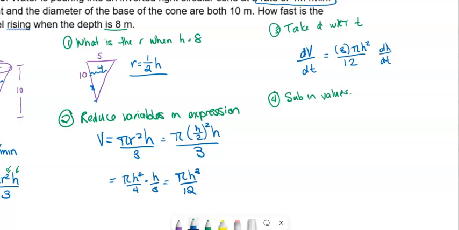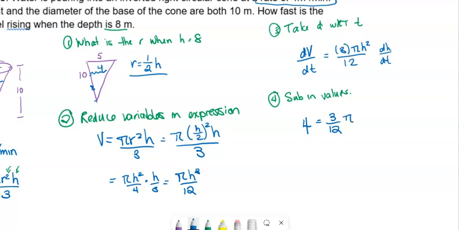I know the rate of the volume changing. I know that's 4. That was given in the question. I still have 3 over 12 here. I can reduce it, but I can also just leave it as is.